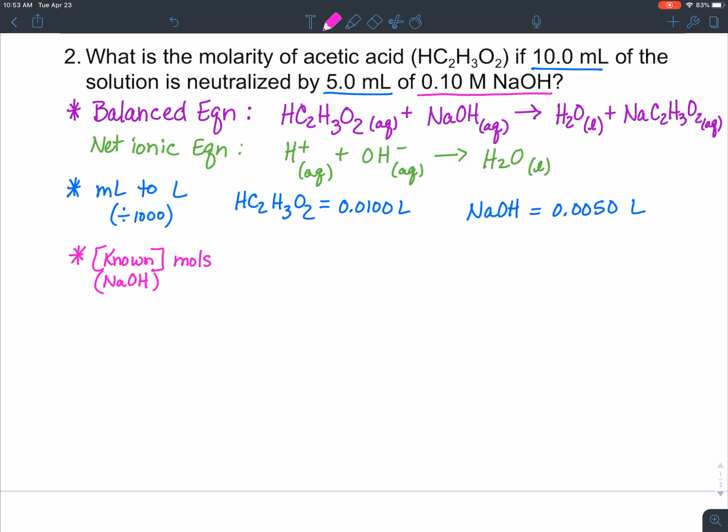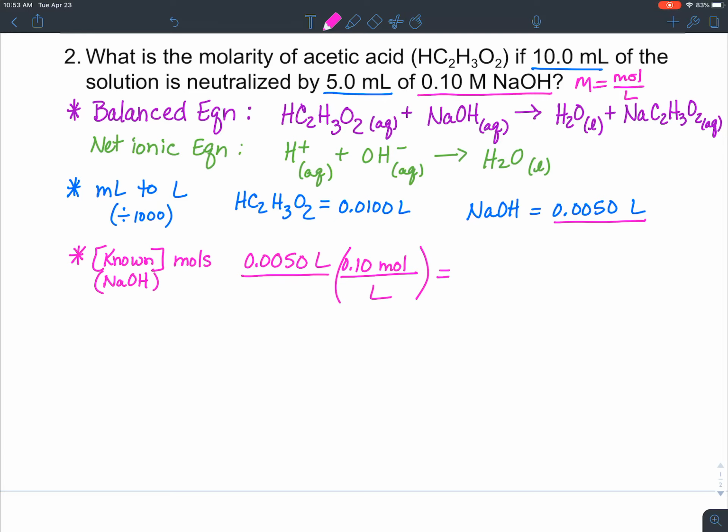So we're going to take our 0.0050 liters, and remember that molarity is moles per liter, so that means that we have 0.10 moles per liter.